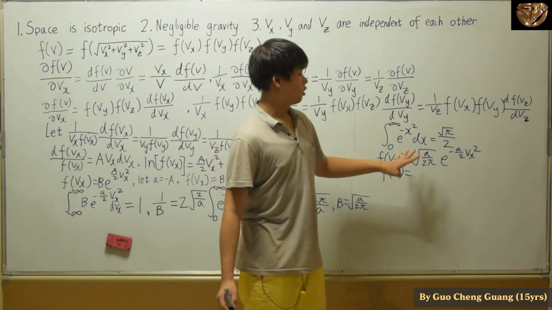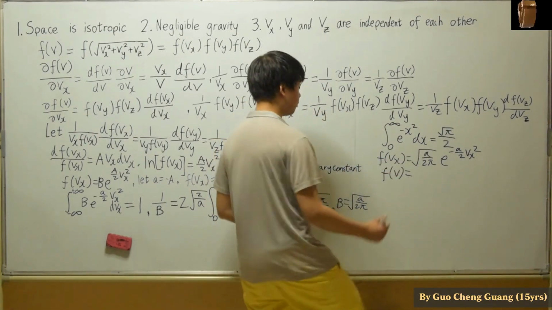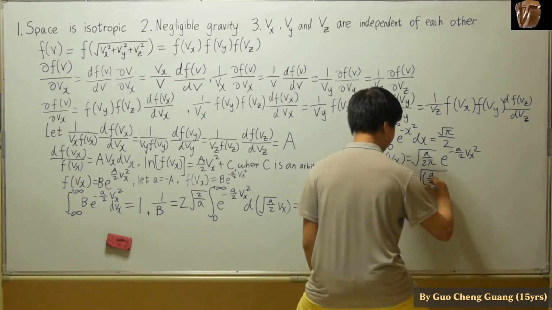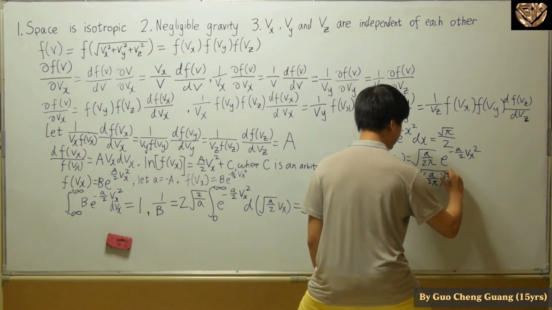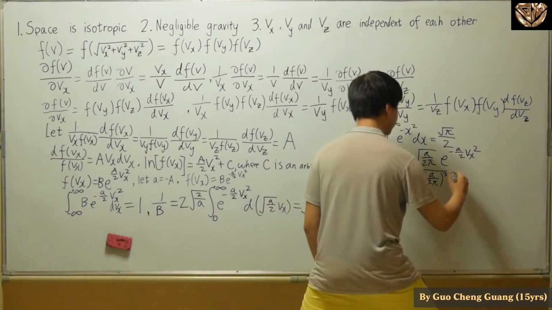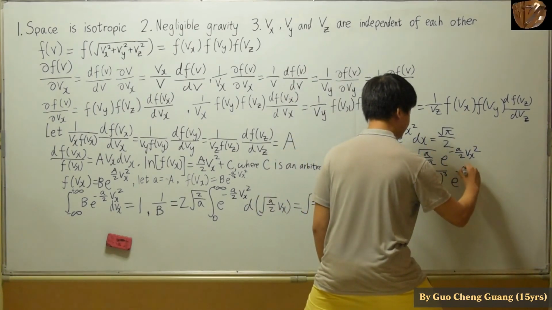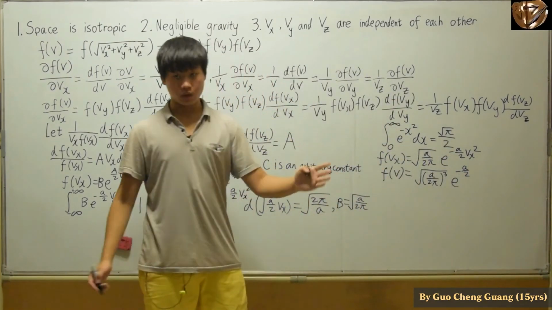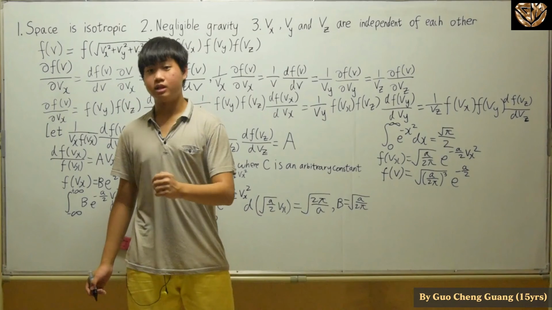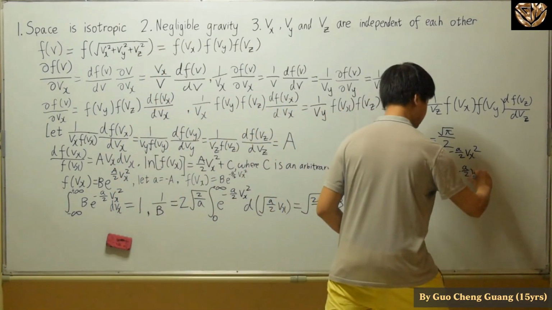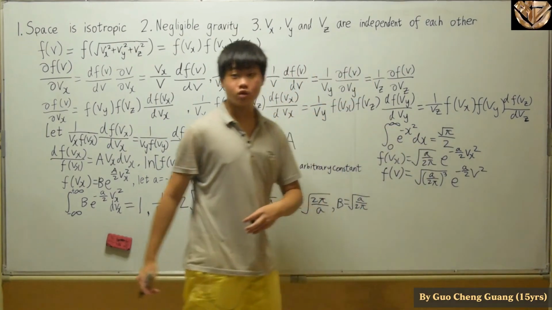So it is 3 of those multiplied together, and we are going to see square root a over 2 pi cubed, since you have x, y, and z, and e to the power of negative a over 2 times vx squared plus vy squared plus vz squared. So that means it is just going to be v squared.